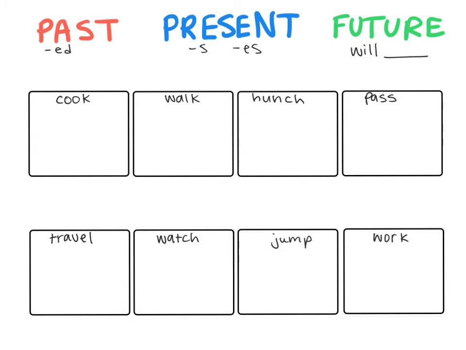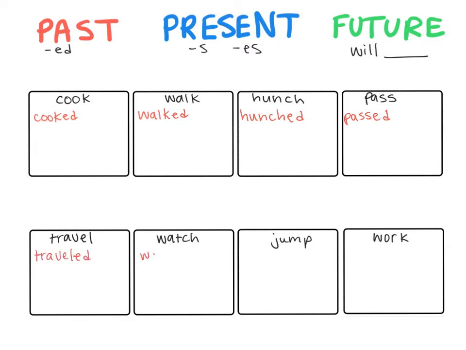So first, let's work on the past tense of these words, okay? So all I'm going to do is take the verb, and I'm going to add ed to it. I cooked. I walked. Remember, this is all happening in the past. I hunched over. All I'm doing is writing the verb and adding ed. I traveled.